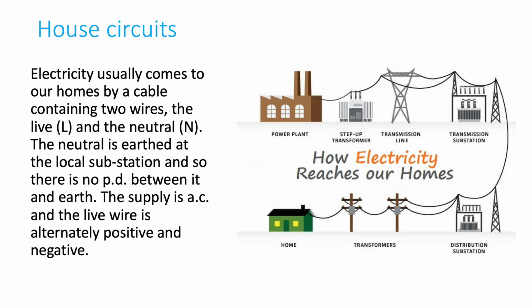House circuits. Electricity usually comes to our homes by a cable containing 2 wires, the live and the neutral. The neutral is earthed at the local substation, and so there is no potential difference between it and earth. That is, the potential of neutral wire is 0. The supply is alternating current and the live wire is alternately positive and negative.